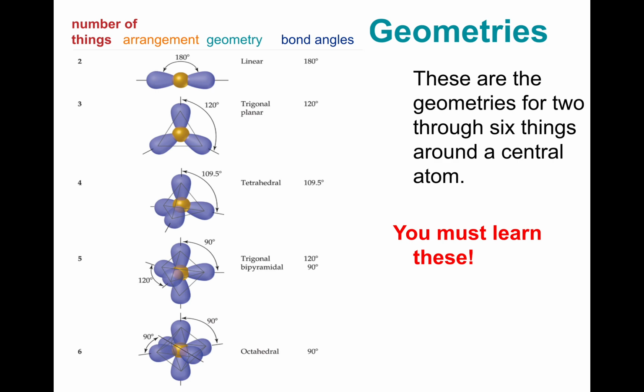We're going to go through each one of these a little bit more in depth, but this is an overview. On the left, we have the number of things, so those are our bonded atoms or our lone pairs of electrons, or our pairs of electrons. Then you have an arrangement here, which is what it looks like, and then we have geometry and bond angles.